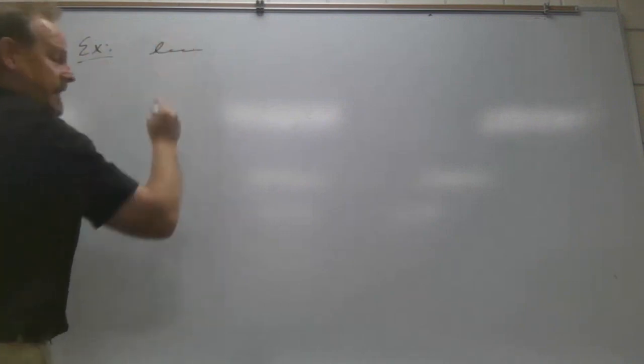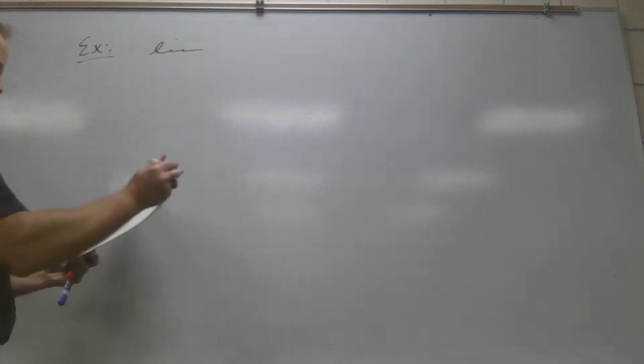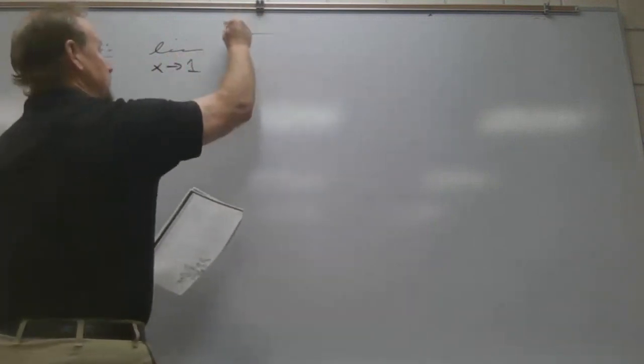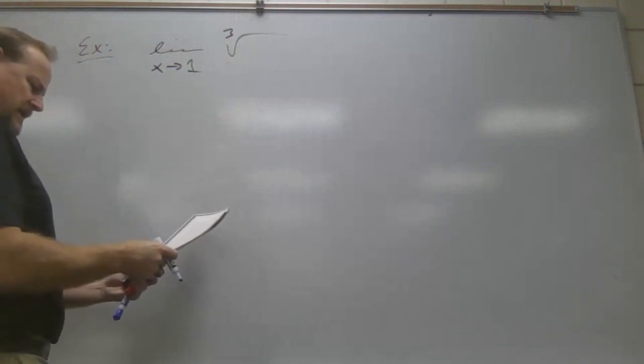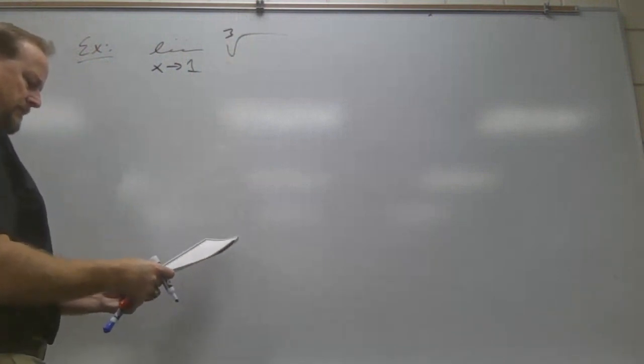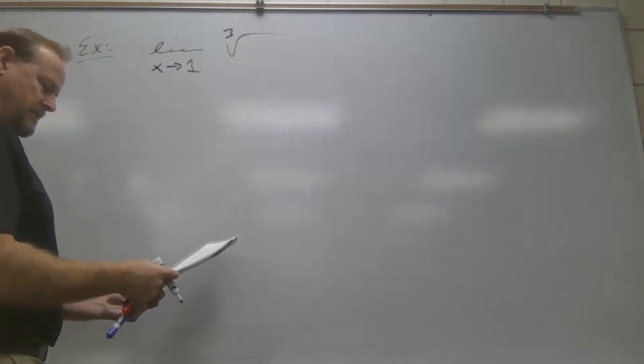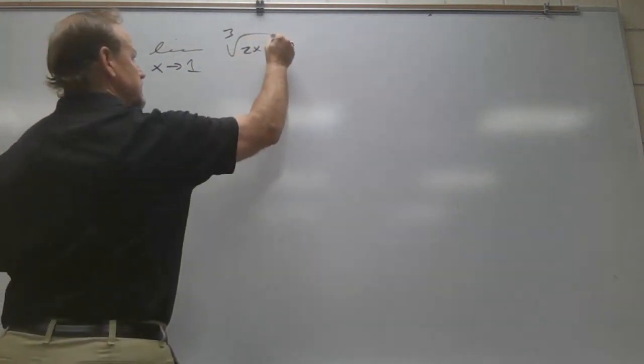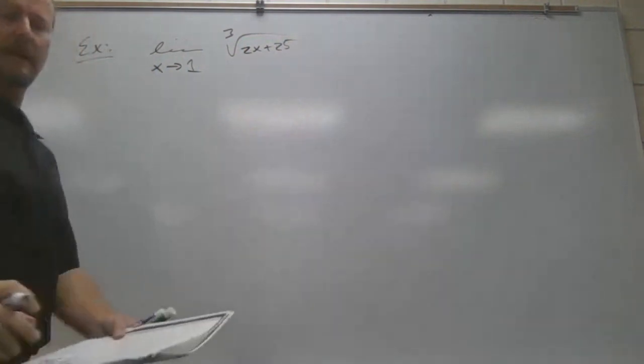All right, so anyway, let's look at an example quick. What if I have the limit as x approaches 1 of the cubed root of 2x plus 25? Let's try an easy one.